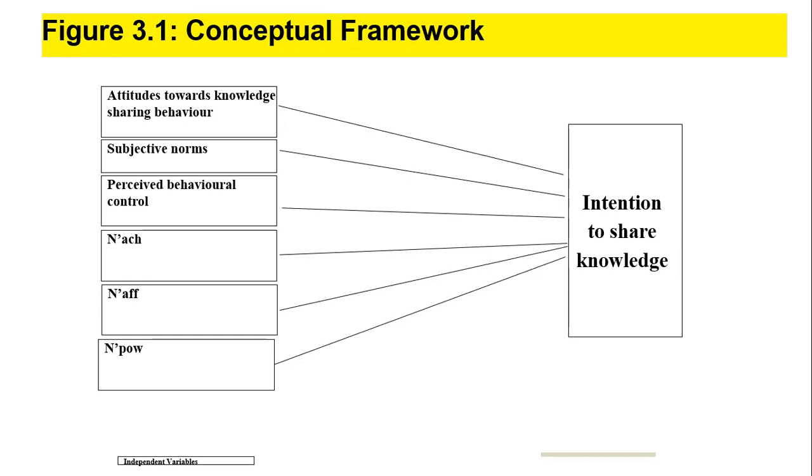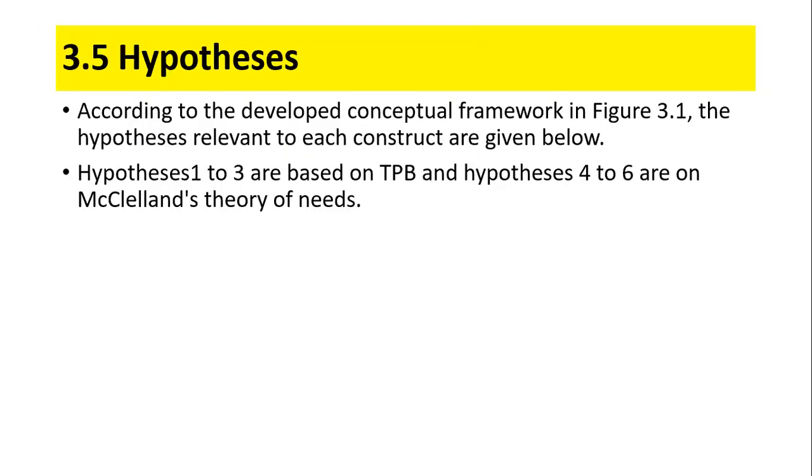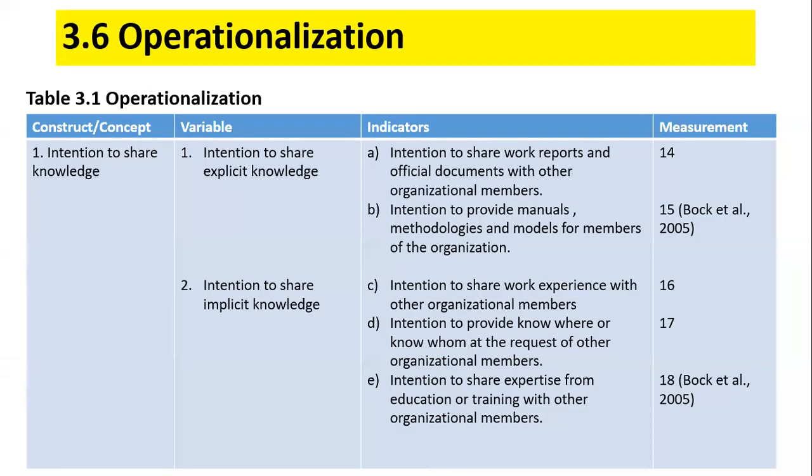So you have to clearly explain it. The table is called operationalization. There are basically 4 columns. First column, the key construct or concept. Then you narrow down into the variable column. Then the indicators, then the measurement, right?